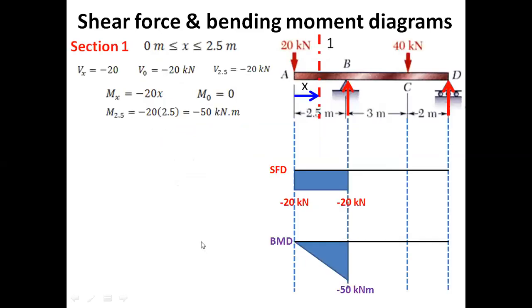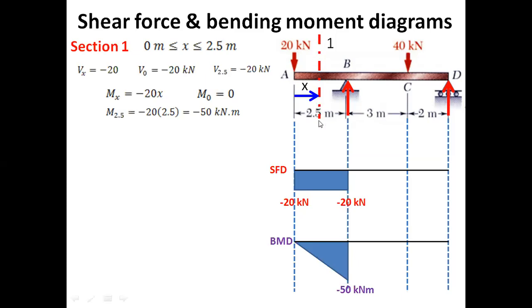Once we have computed the reaction forces, the next step is to take a section and try to find out the shear force and bending moment about that section. So I'm taking section 1-1.